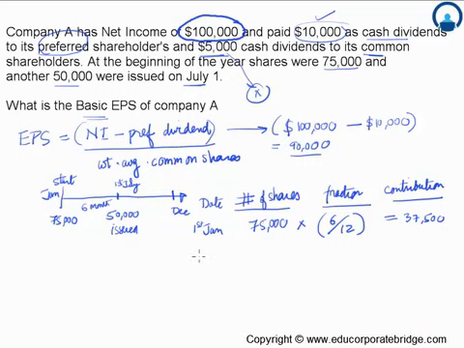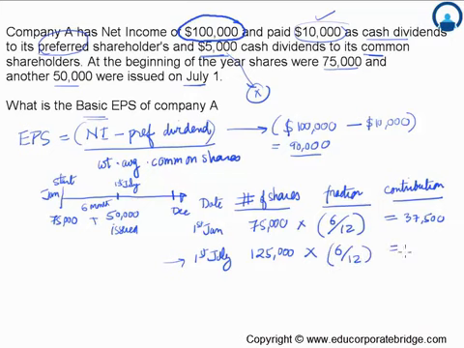37,500. Now what happens on 1st of July? On 1st of July, the number of shares that are totally outstanding would be 75,000 plus 50,000, so this would come out to be 125,000. So these are the total number of shares outstanding as on a specific date. An additional 50,000 were issued to the 75,000, so it comes out to be 125,000 here, and the fraction for which these shares were existing is 6 by 12.